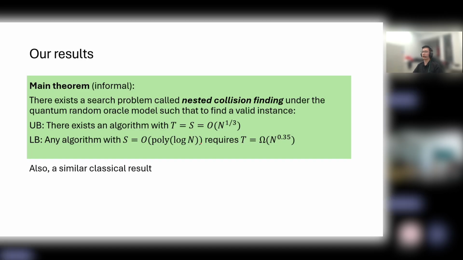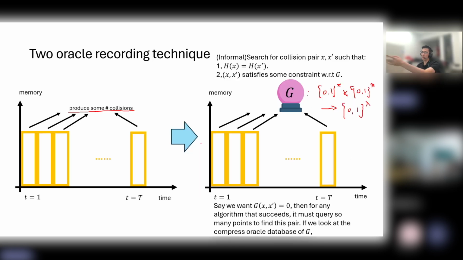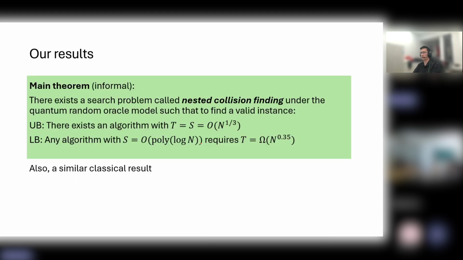But multiple oracles are equivalent to the same oracle, because you can merge oracles by expanding the domain. Here you have two independent oracles, H and G. Nested means you have two oracles, one in the other: you first find a collision in the first oracle, and this pair satisfies another constraint in the second oracle. So it's called nested collision finding.